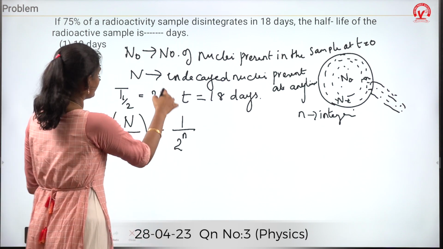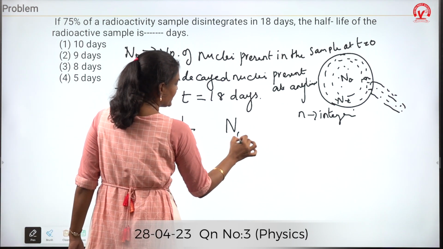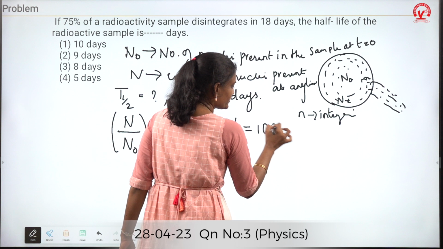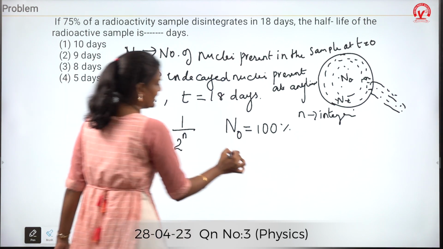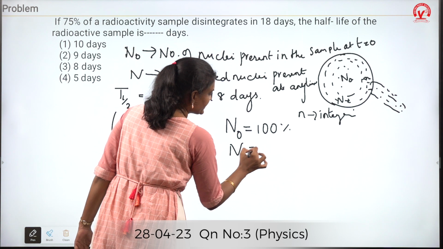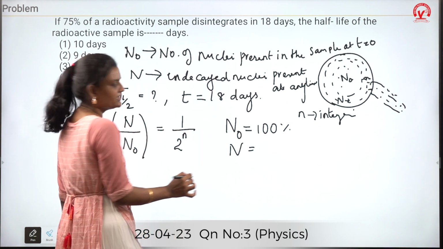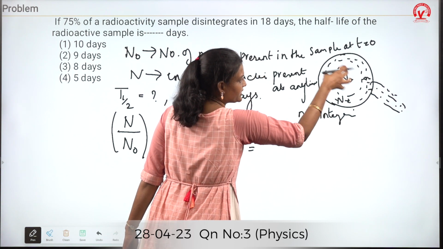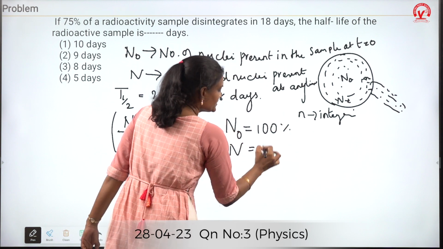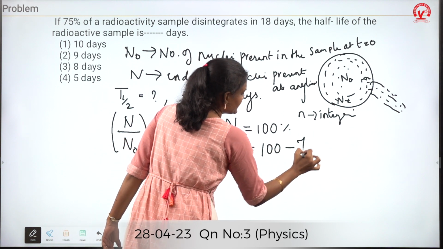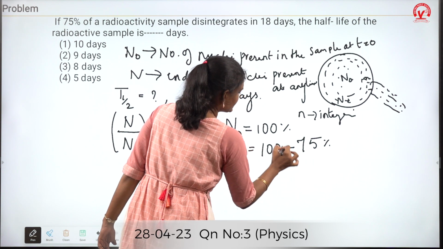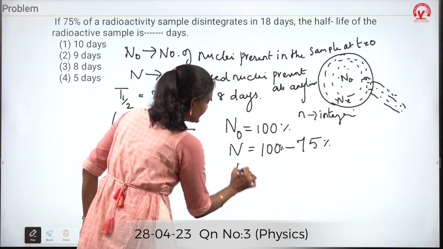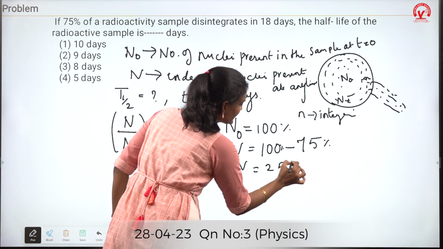At time t equal to 0 we have 100% of nuclei in the sample. N is the undecayed nuclei. From 100%, 75% is going out, so 25% is remaining in the sample.